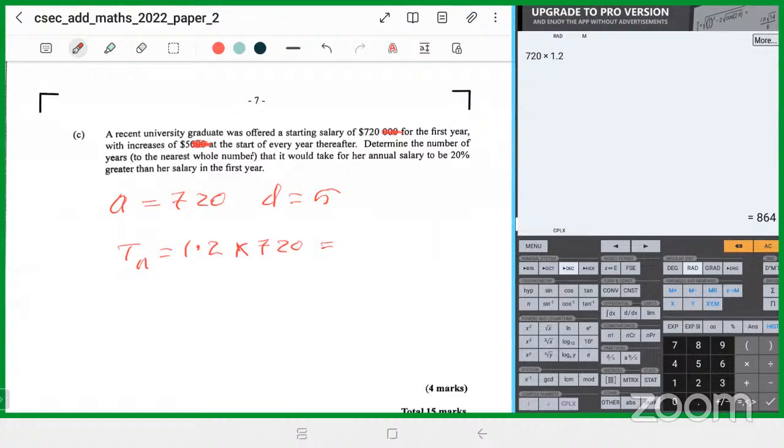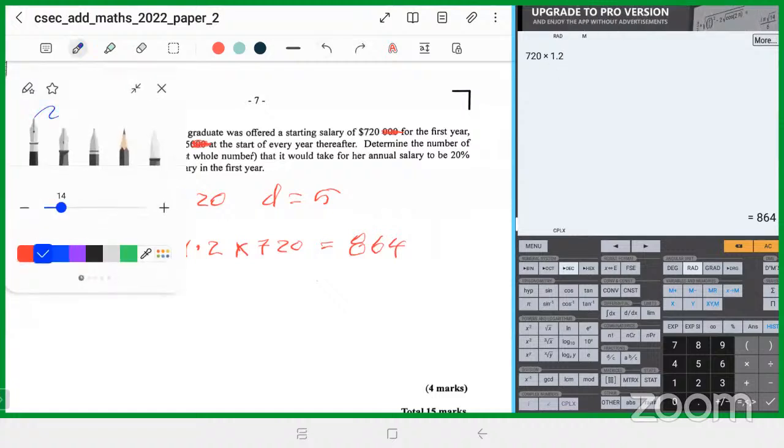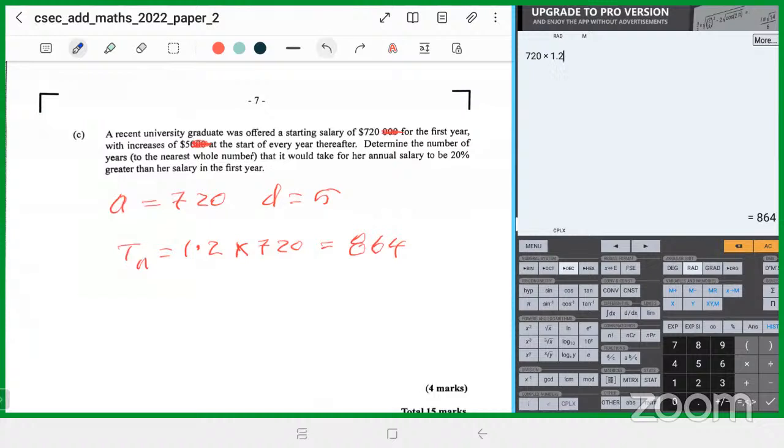So I want to know when my T term is 864. What is my T term equal to? Generally speaking, T is A plus N minus 1. No, let me say when it becomes greater than this. Let me see what the question says.